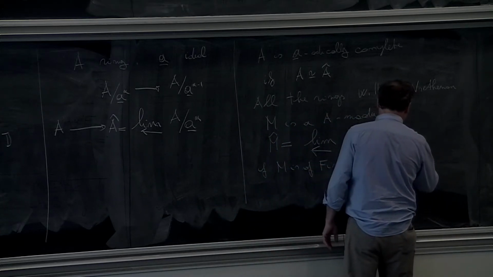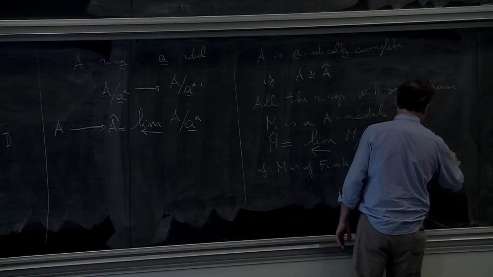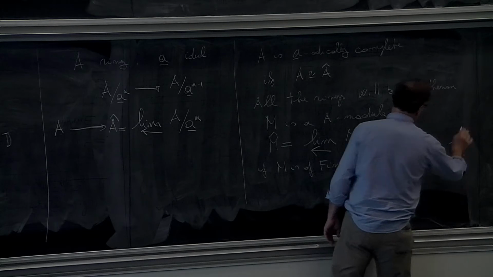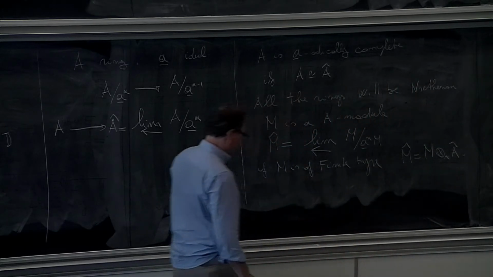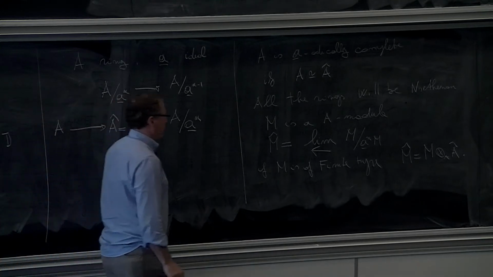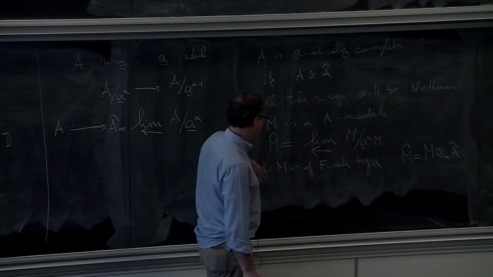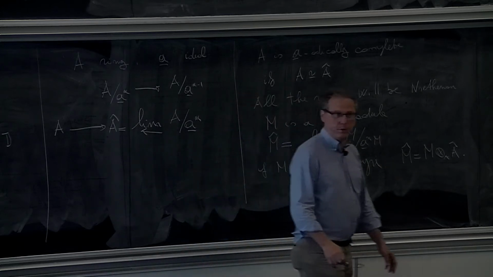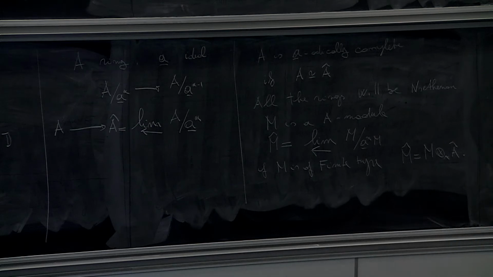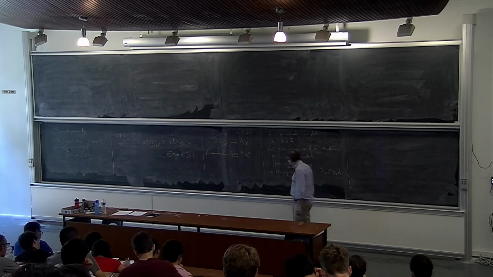I have then M hat is just M tensor A hat. And so you see, in order to prove all of this, there is a lot of commutative algebra to deal with.